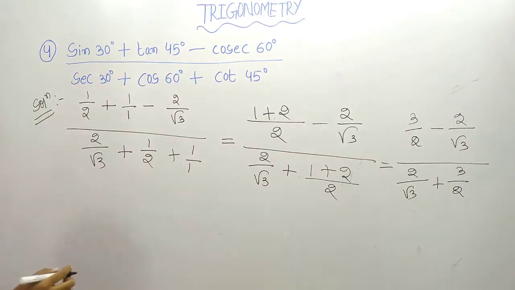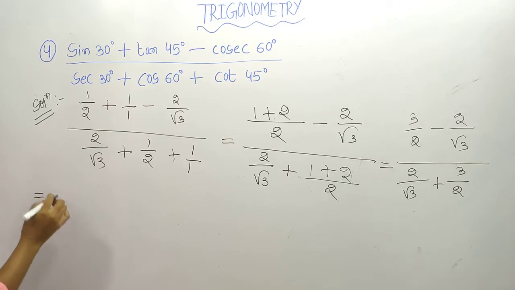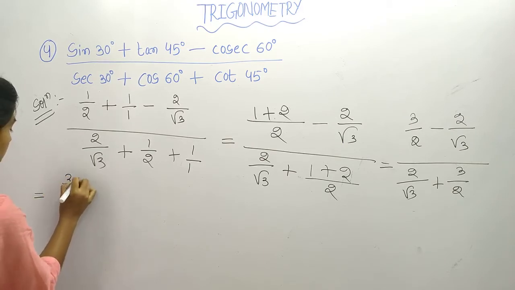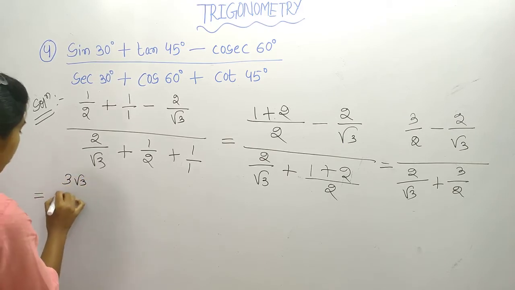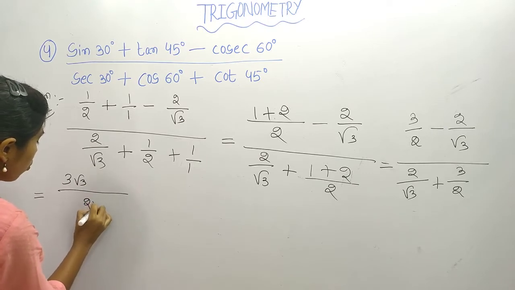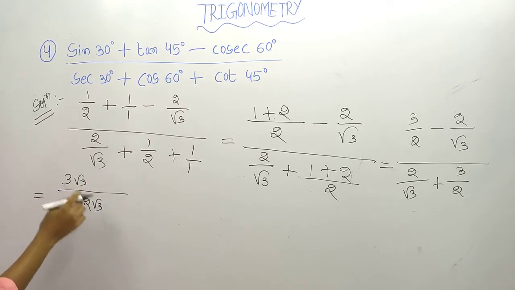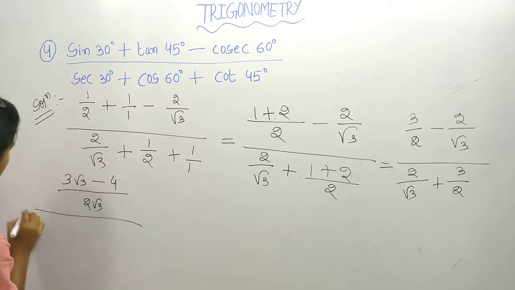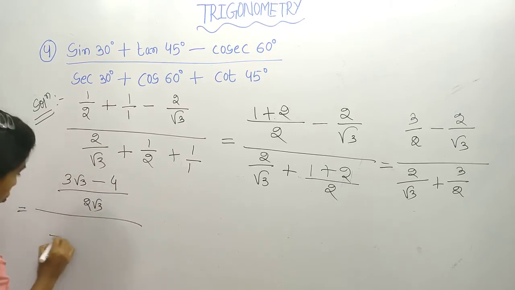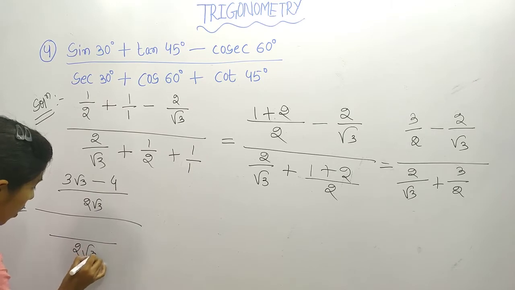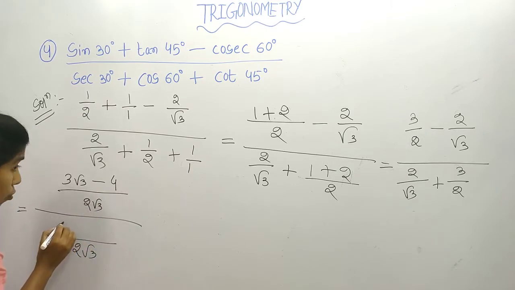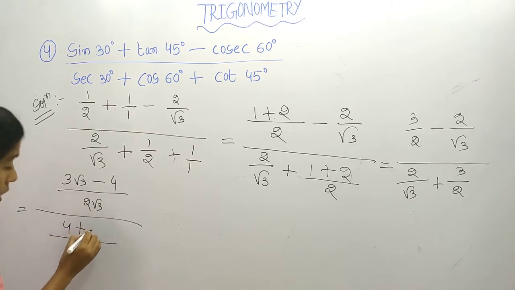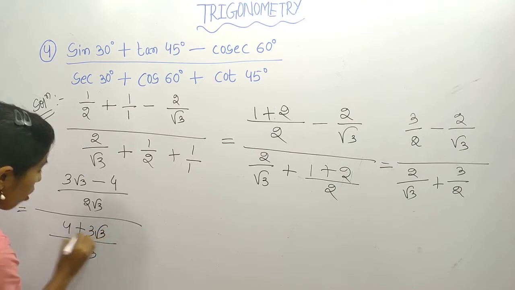Okay. So now what will it become? 3 root 3. Here you see LCM will become 2 root 3. On top, 3 root 3 minus 4, divided by, here the same, 2 root 3 is the LCM. On top, 4 plus 3 root 3. Okay.